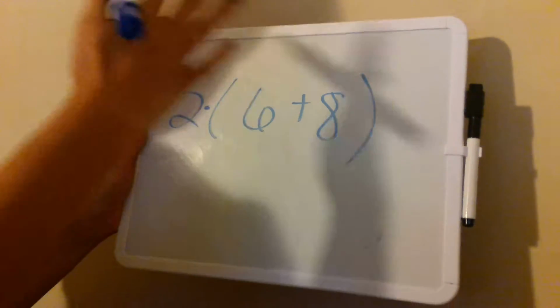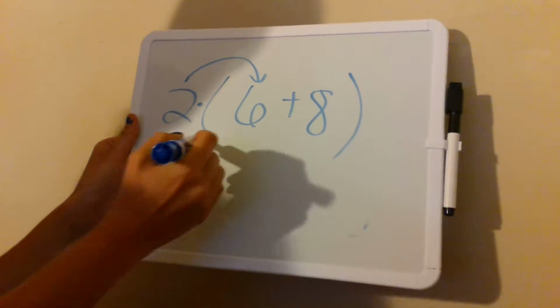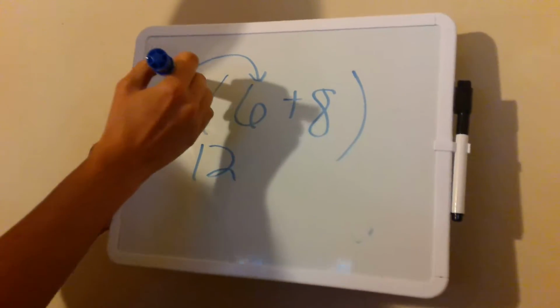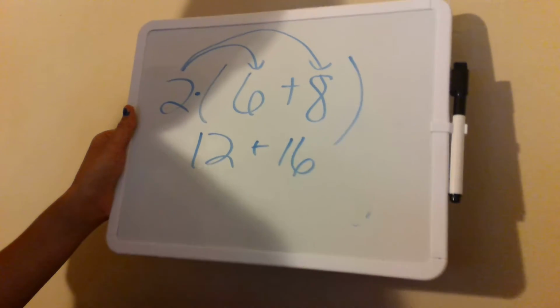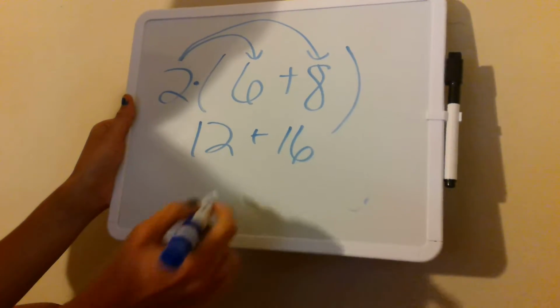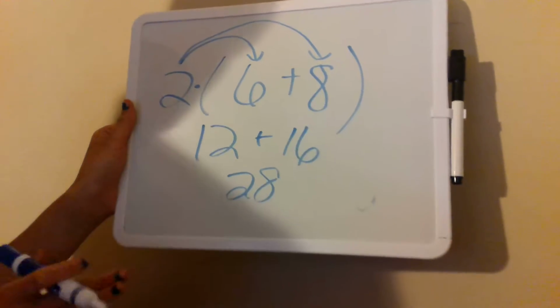So you have to distribute it through the parentheses. So you can take the 2 and multiply it by the 6 and get 12. But you also have to multiply the 2 by the 8 and get 16. And then we could add those together to get the final answer of 28. So this is a review of what you guys talked about last year.